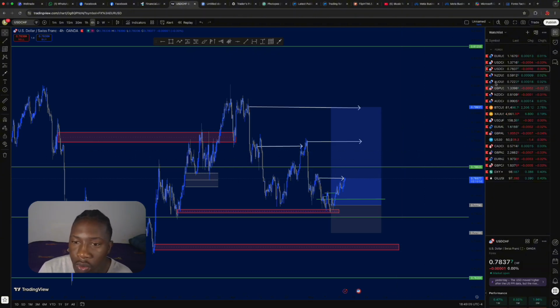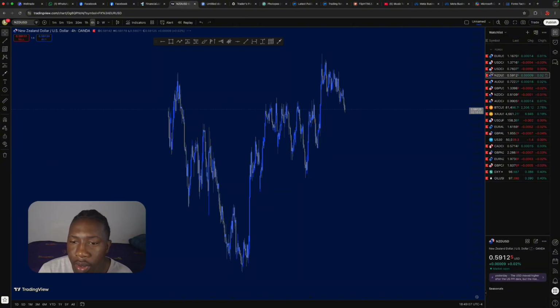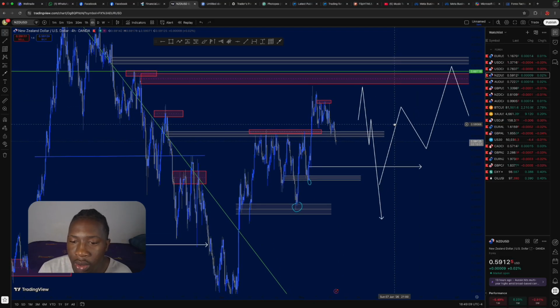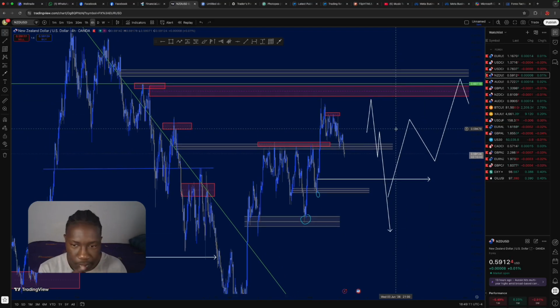And we go to NZD USD. It is creating downward movement, which is good, because yesterday I said I was not looking for that.